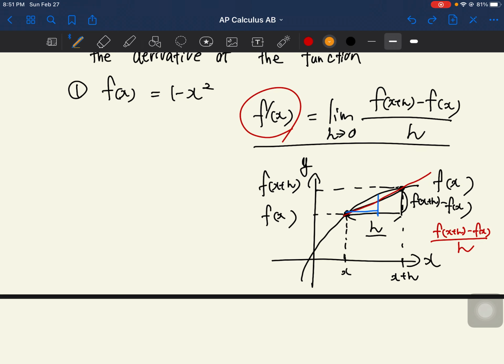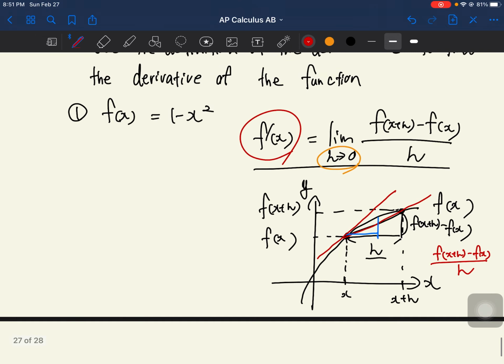Don't you think so? So as h is getting close to 0, this slope is really getting close to the slope here. That's why this definition of derivative shows the slope at the point here.